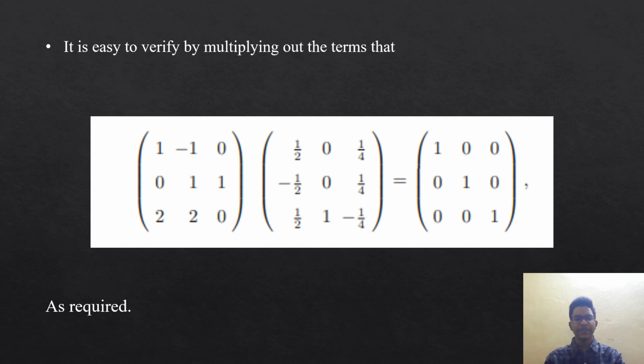It is easy to verify by multiplying out the terms that A times A inverse gives the identity matrix [1, 0, 0; 0, 1, 0; 0, 0, 1], as required.